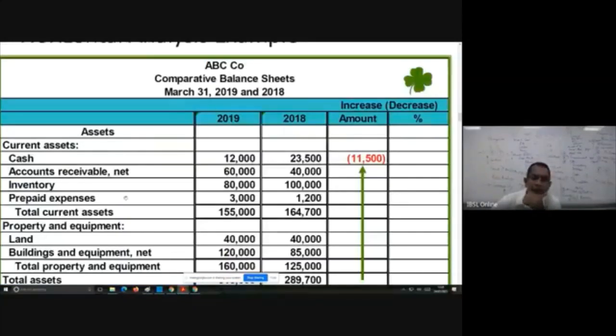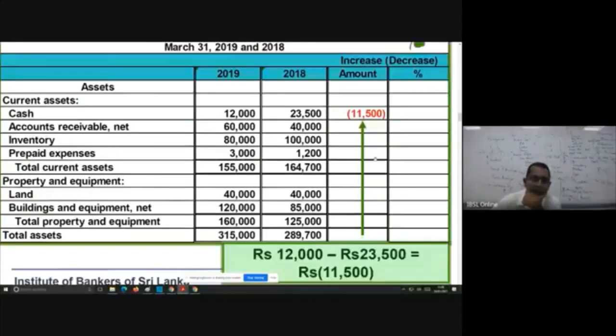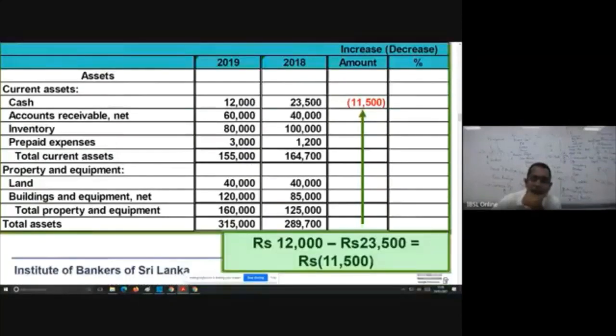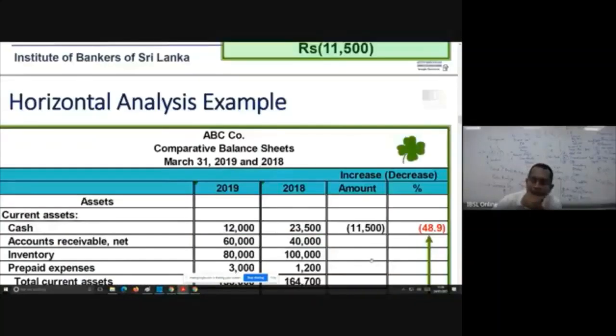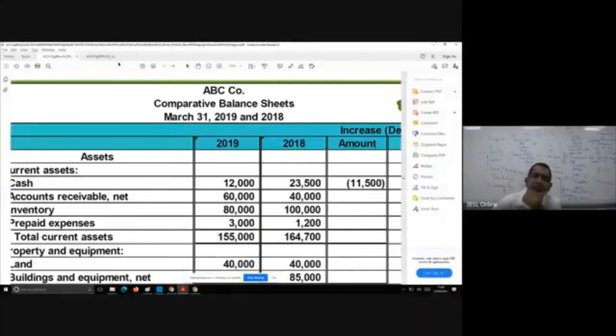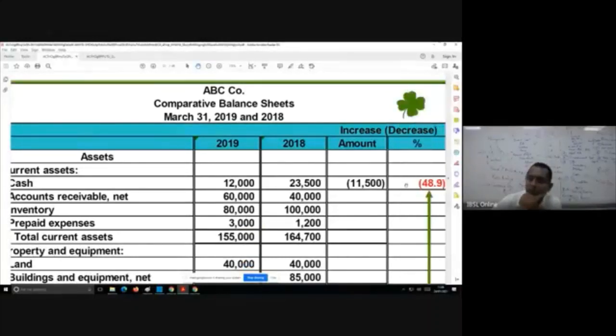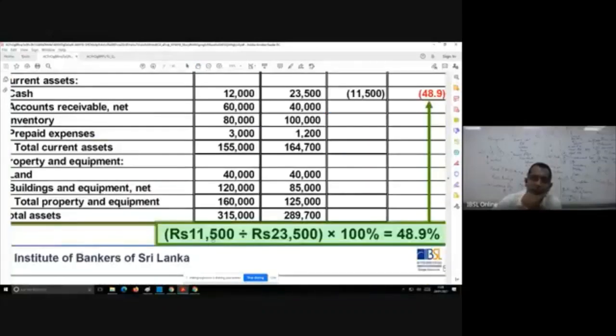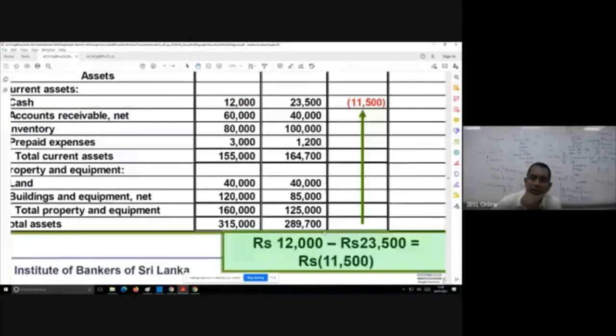2019 cash position is 12,000, whereas 2018 is 23,000. So it is a negative change, right? 11,500 negative. If it is the percentage, it is 11,500 divided by 23,500, which is the base year figure. Right?